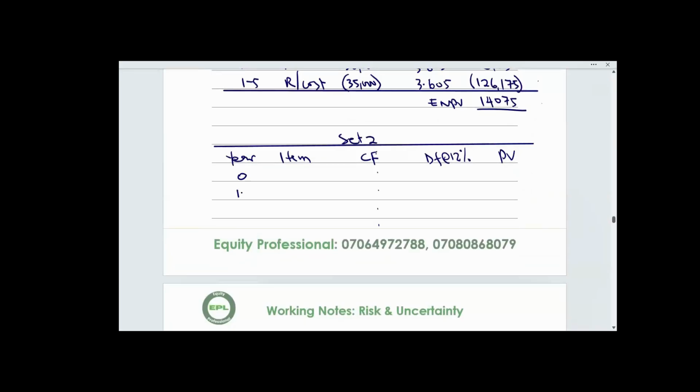Year 0, years 1 to 5, initial outlay, revenue, running costs. 40,000.